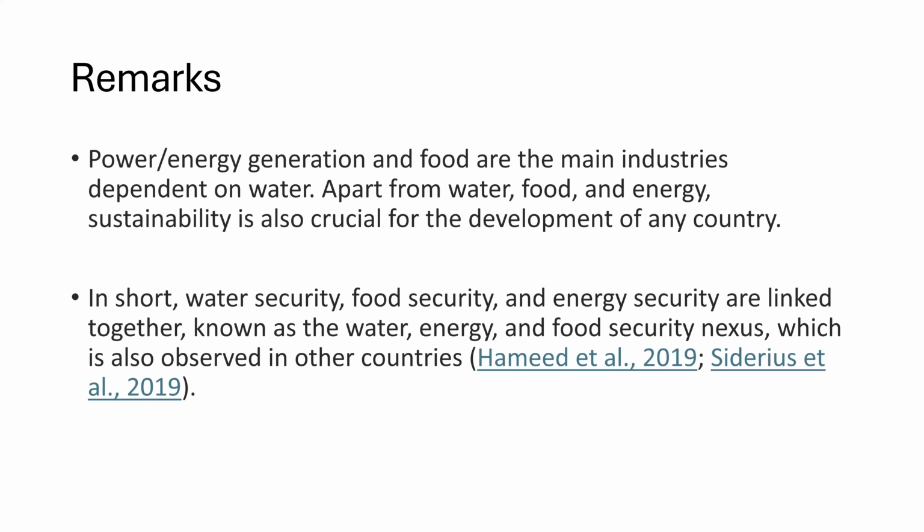There are three pillars for the stability of any country: water security, food security, and energy security. And these are intermingled. They are linked together, and they are now known as the water, energy, and food security nexus. And they especially apply to the Gulf State region.